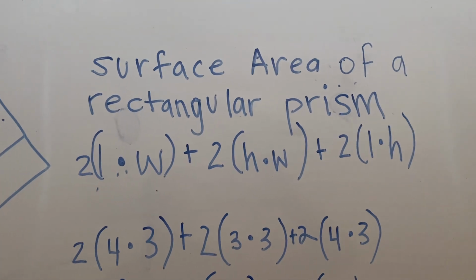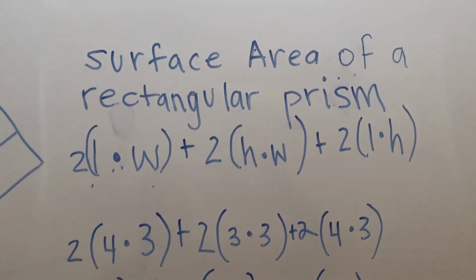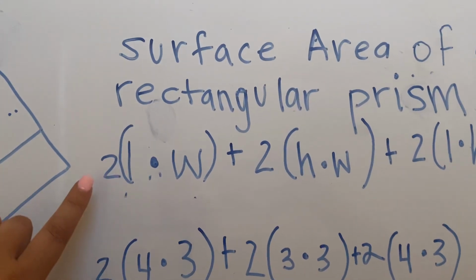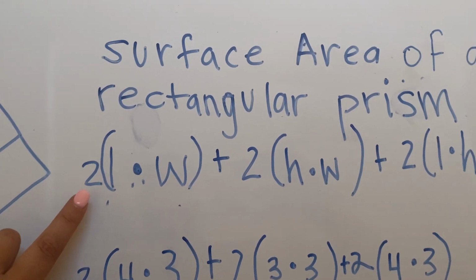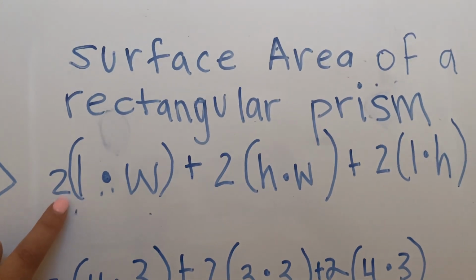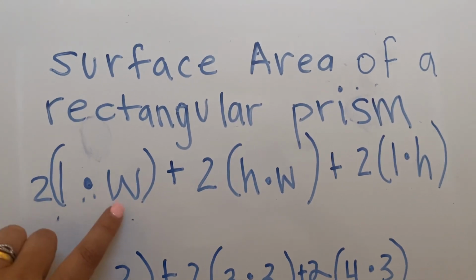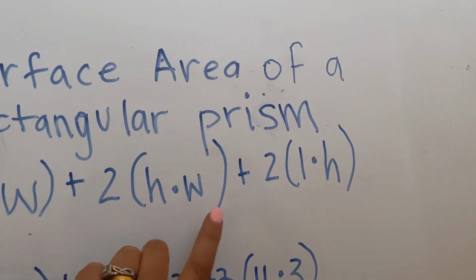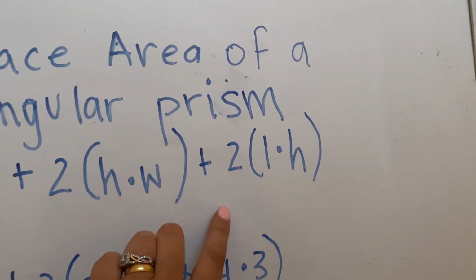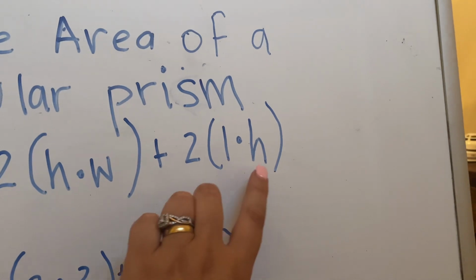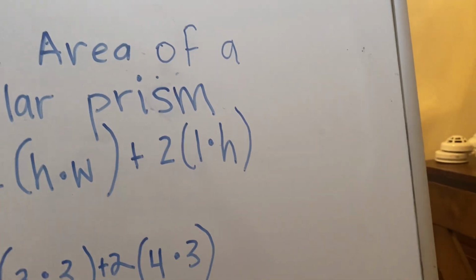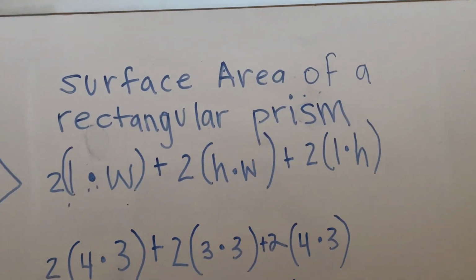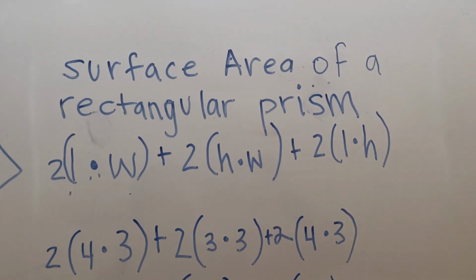So this is the formula we will use. Because a rectangular prism has 6 sides, the way to calculate it is 2 times the length and the width, plus 2 times the height and the width, plus 2 times the length and the height. This will give us the square surface area of our rectangular prism.